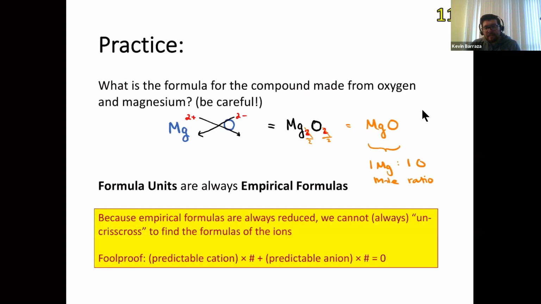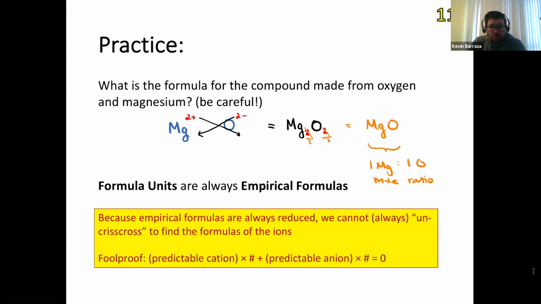So this leads us to a sort of pitfall in doing this. Because empirical formulas can be reduced, we cannot always, students like to think of it as uncrisscrossing, to find the formula of the ions. So if I were to say, can you tell me what the charges are for magnesium and oxygen just by looking at this formula, it's actually ambiguous, right?